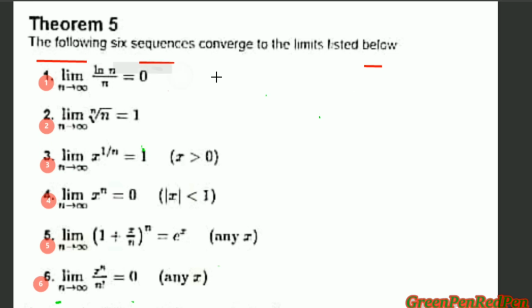In sequence 1, we have the limit as n approaches infinity, and the sequence tends to 0. Let's see how.